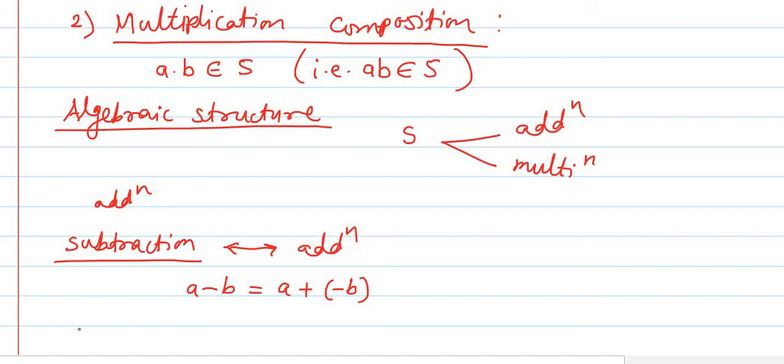And similarly we have the division. How is the division defined? The division is the inverse of the multiplication.